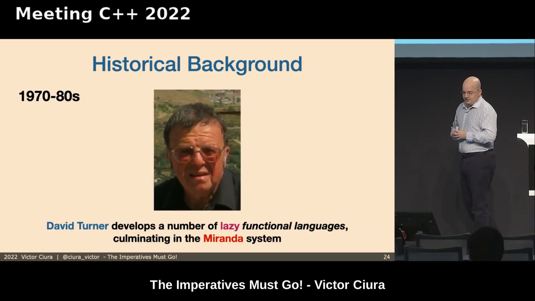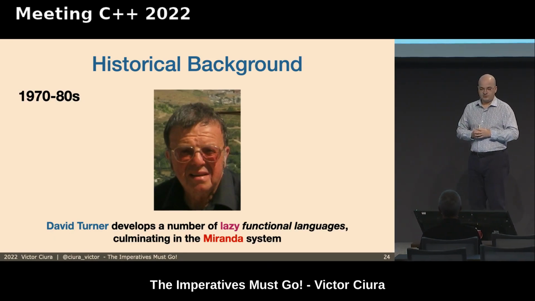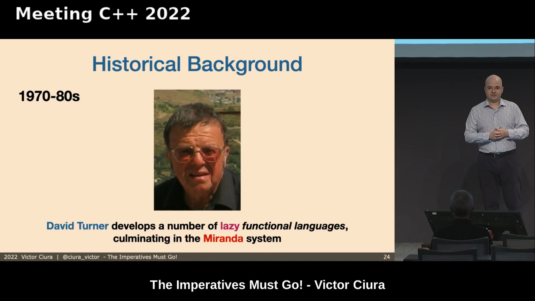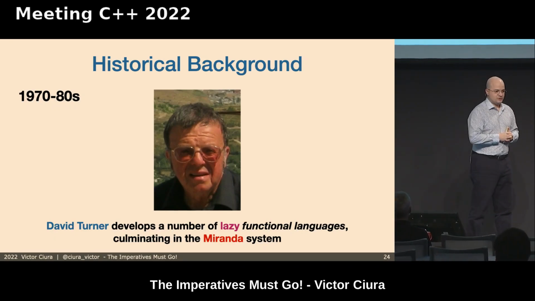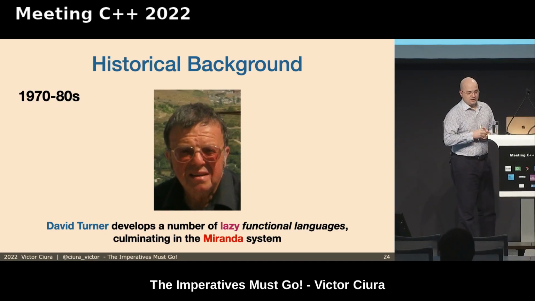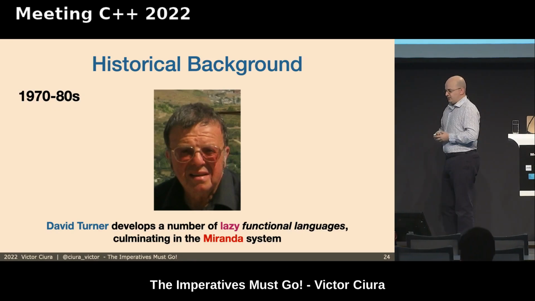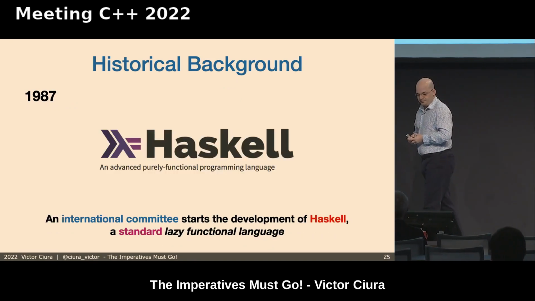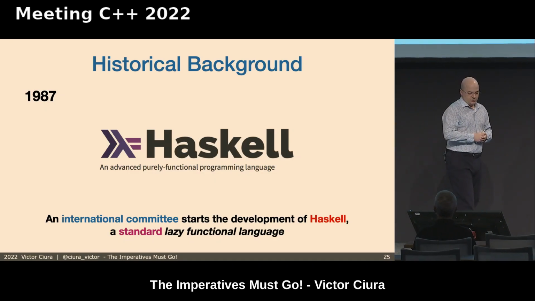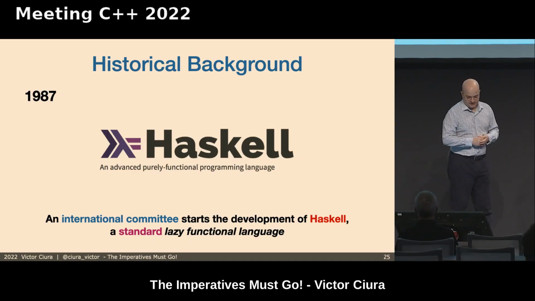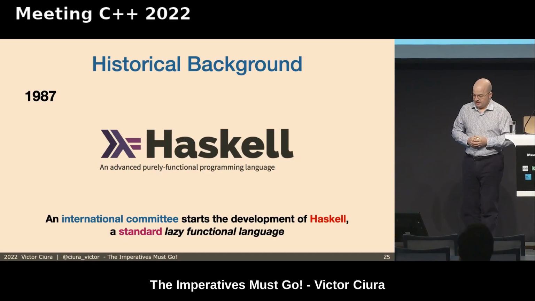In the 70s and 80s, David Turner develops a number of lazy programming languages, culminating with the Miranda system. So for the first time, we surface concepts such as lazy evaluation in the way we compose programs and request computation. And of course, the beloved Haskell, which started as a standard discussion through the late 80s.